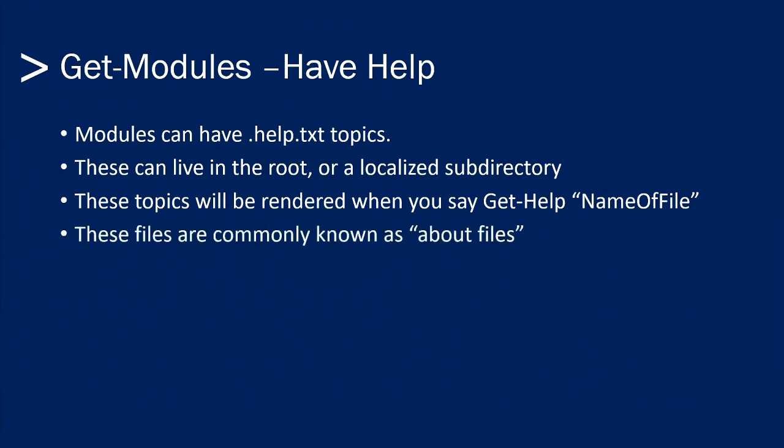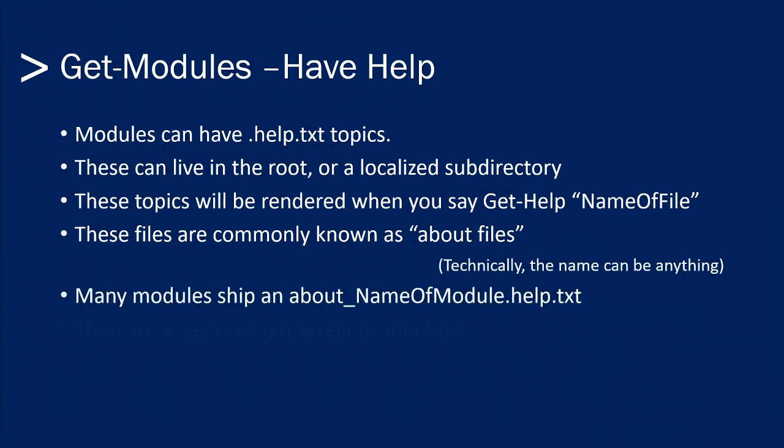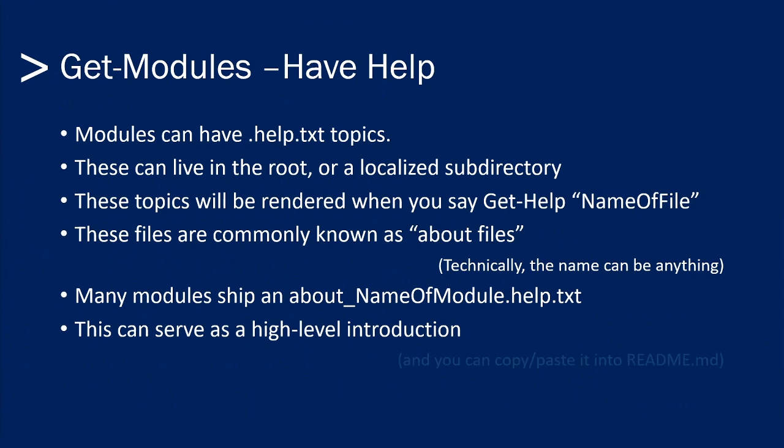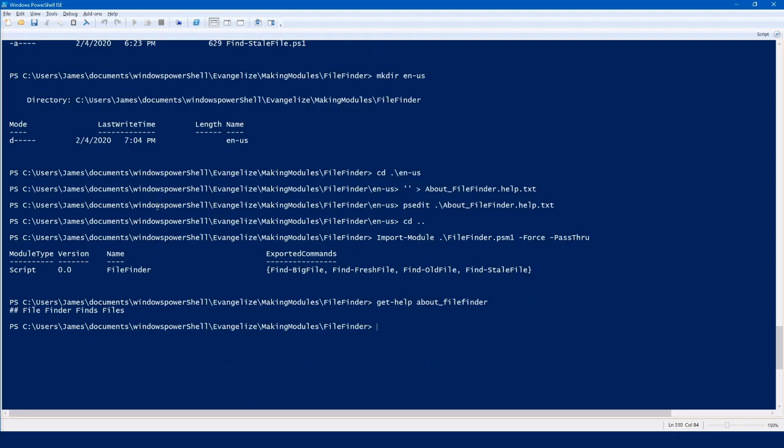Now the other benefit, these are commonly known by the way as about files, although technically they can be called whatever you'd like. The other benefit is that they actually end up being really easy to turn into Markdown. If you look at the way that I read this on the console, it's actually not that disruptive to see bits of Markdown inside of these.